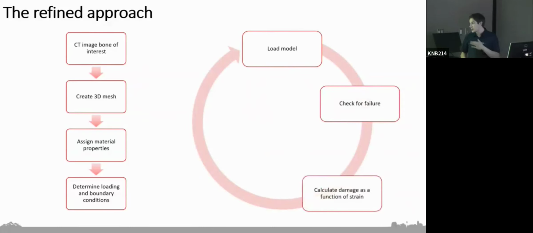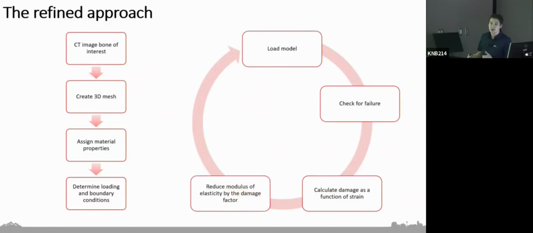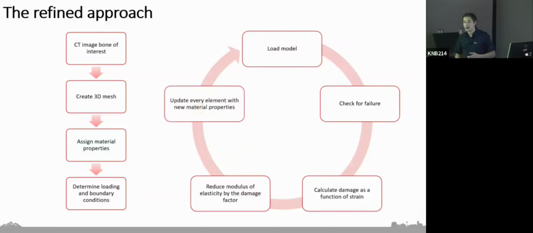And if it hasn't, we continue on to calculate that damage as a function of strain, use that damage to reduce the elastic modulus, and then go back and update every single element with their new material properties. And we iterate this process over and over again until we find that we have met that failure criterion, at which point we can calculate and output the fatigue life. And so we can get predictions for this damage accumulation and also the fatigue life of that particular bone.